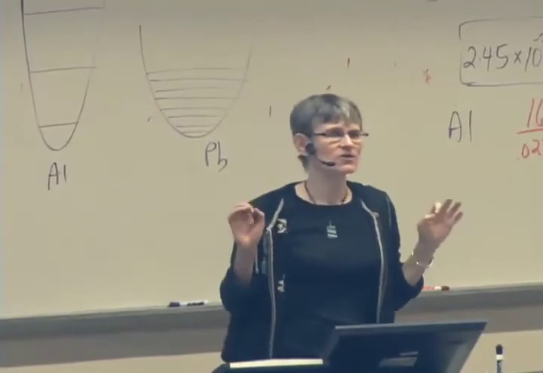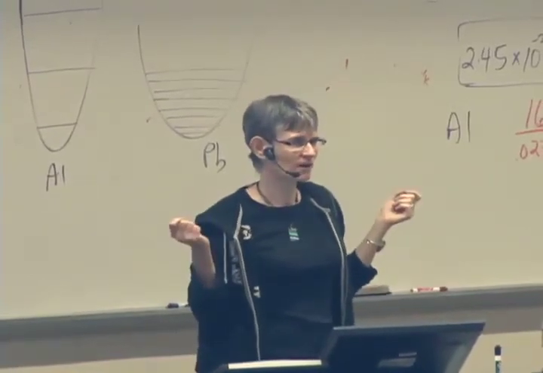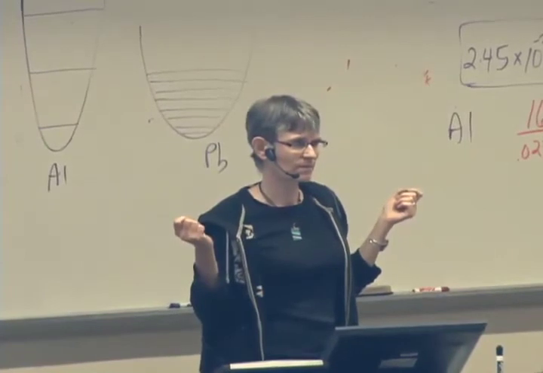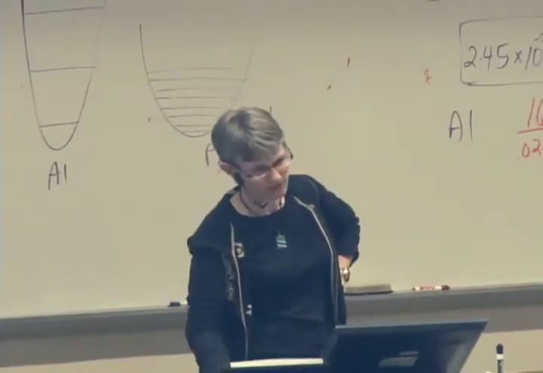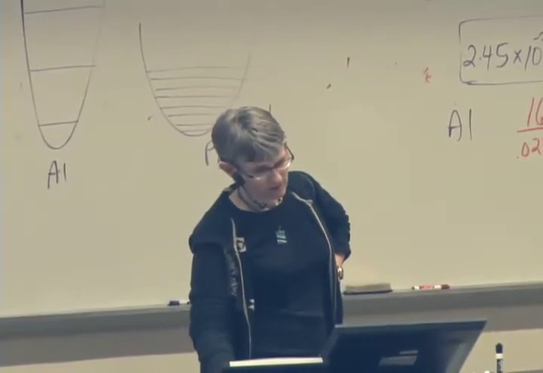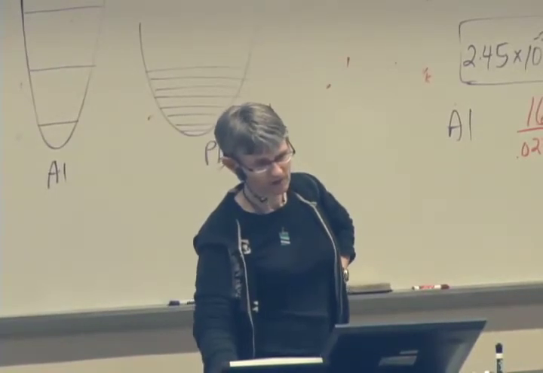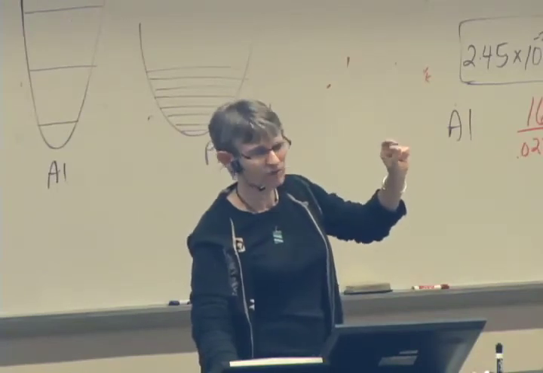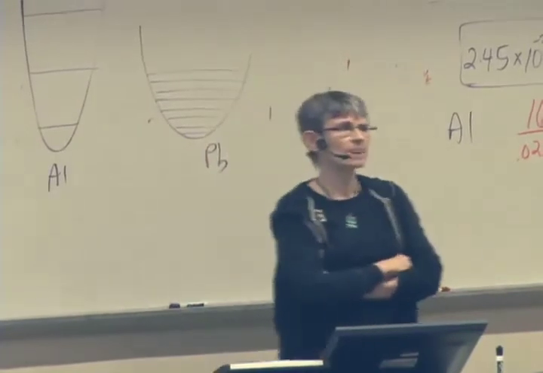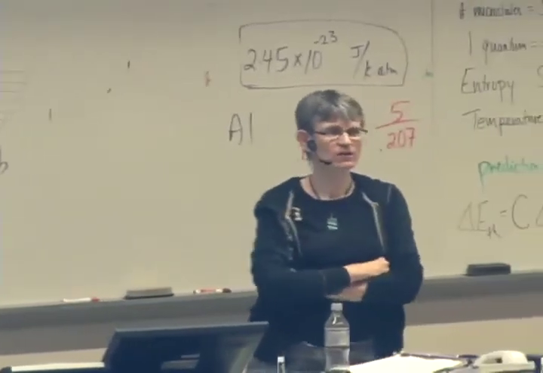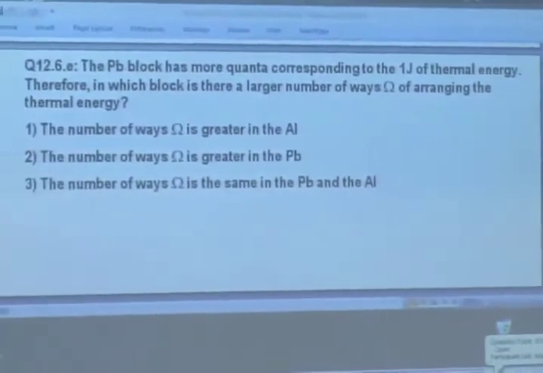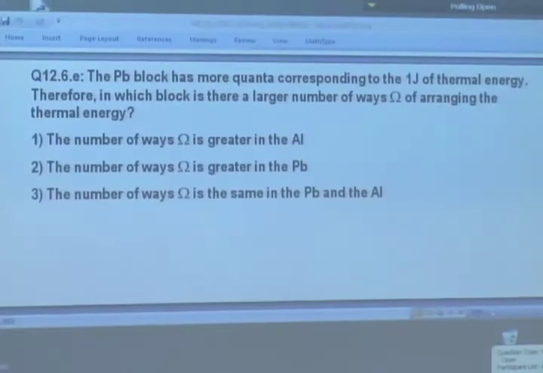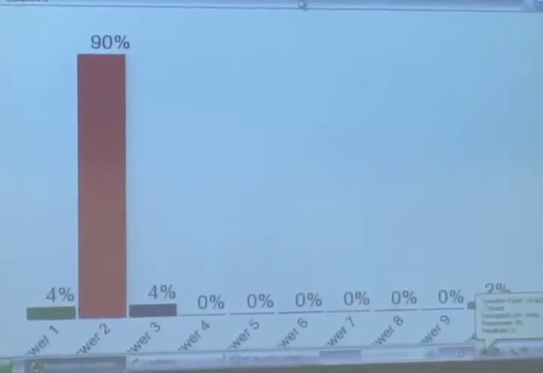Okay, we don't need a clicker question. Number of oscillators in each block. They're the same, aren't they? Because we got the same number of atoms, so that's cool. So therefore, with 1 joule of energy added to each one, which one's going to have greater number of ways of arranging the energy? Wow.